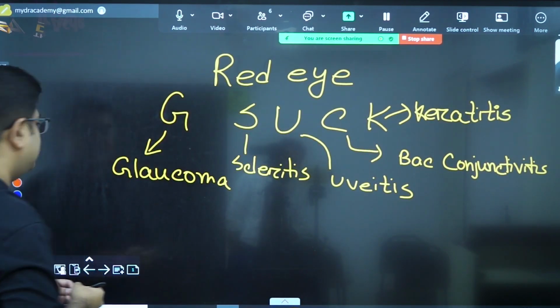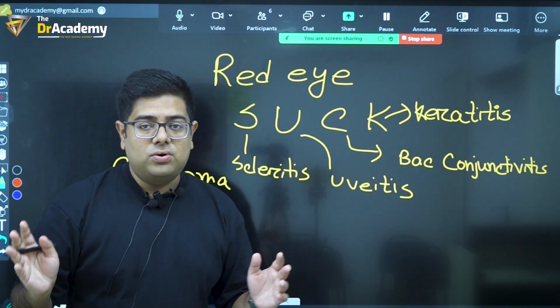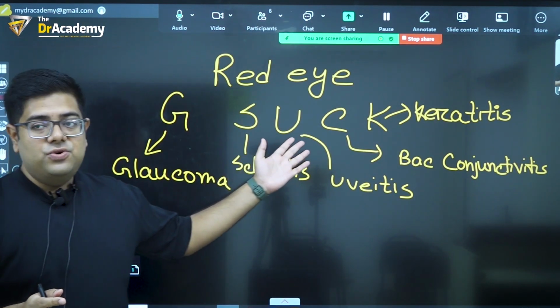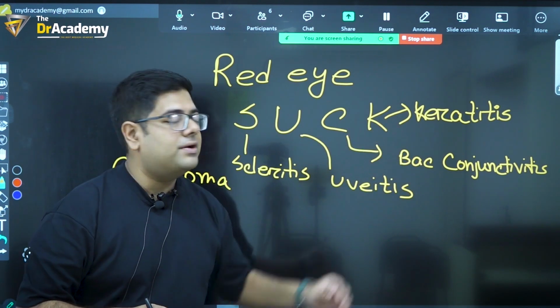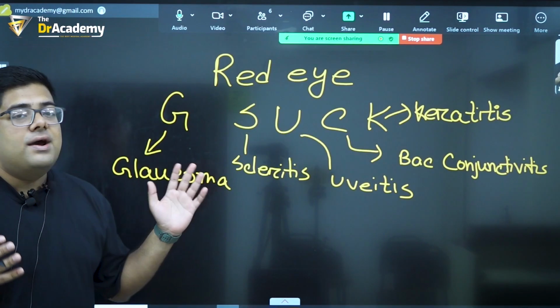So G-suck: glaucoma, scleritis, uveitis, bacterial conjunctivitis. Remember the word bacterial, and K for keratitis. These are the causes of red eye.